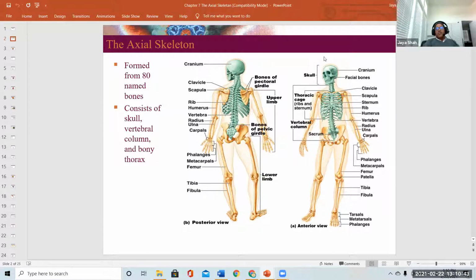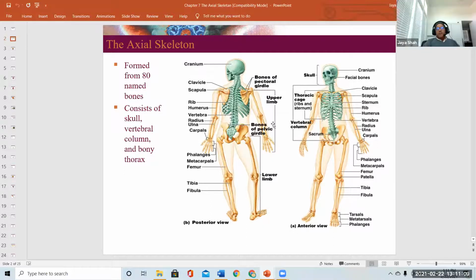So skull has upper part, head bones, that is called cranium, and in the face, facial bones. Then vertebral column: cervical, thoracic, lumbar, sacrum, and coccyx. And then thoracic cage has sternum and ribs. Okay. And you can see from the back those bones. Okay.